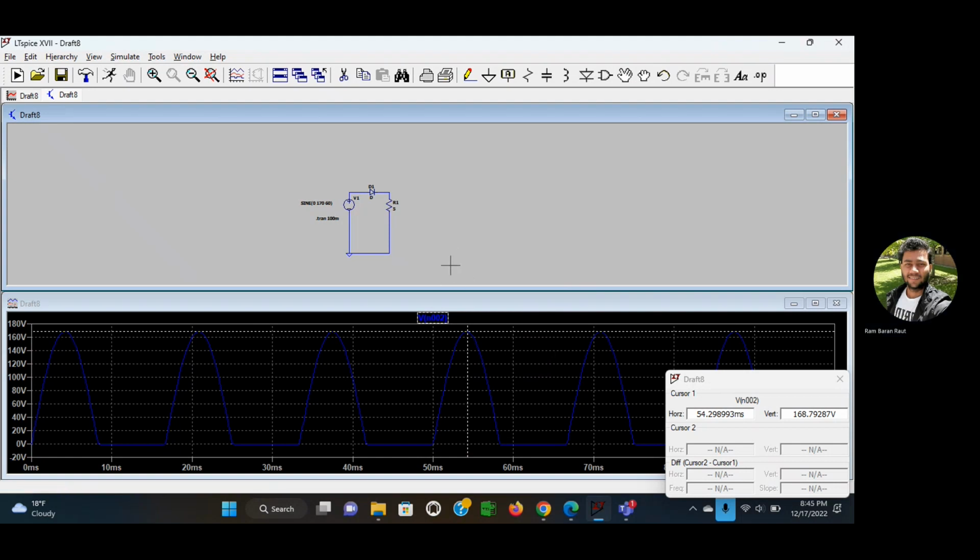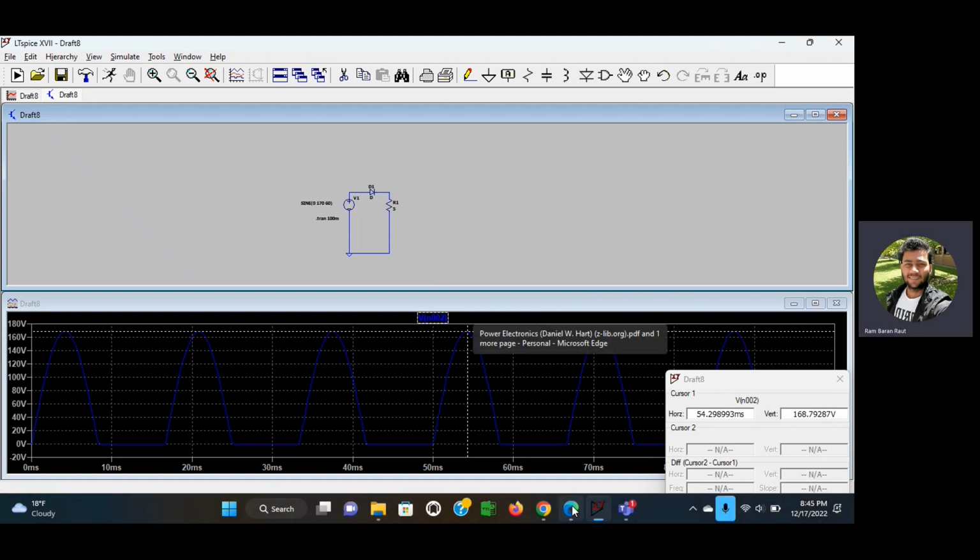So the output voltage should be the average of the rectified sinusoidal voltage. The average voltage is nothing but the peak voltage divided by pi.